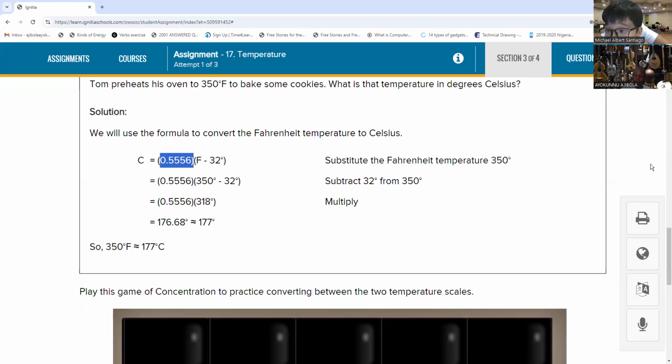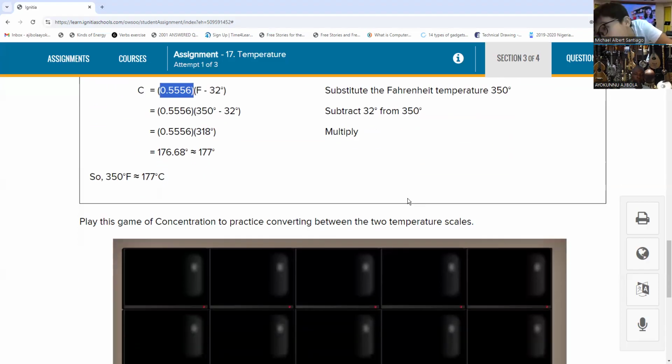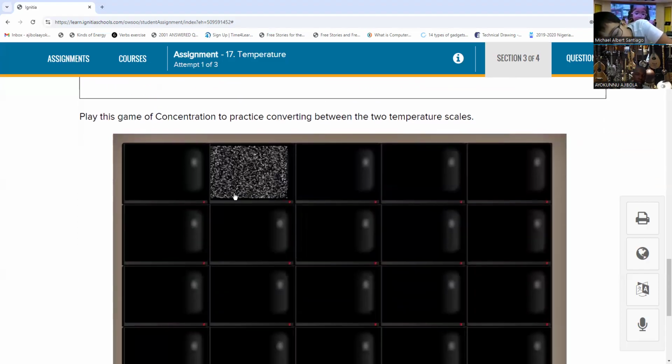But from Fahrenheit to Celsius, you subtract 32 from the Fahrenheit, then you multiply your result by the constant 0.5556. So that is what we'll be using on this first concentration game.